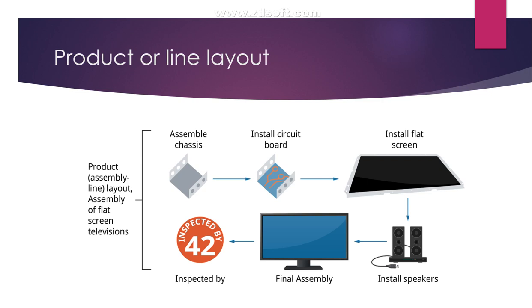Then comes the installation of speakers, the next machine does the final assembly, and the last is final inspection. If you insert the materials into the first machine, lastly you would get your final product without any disturbances in your production system. This is how the product layout works.